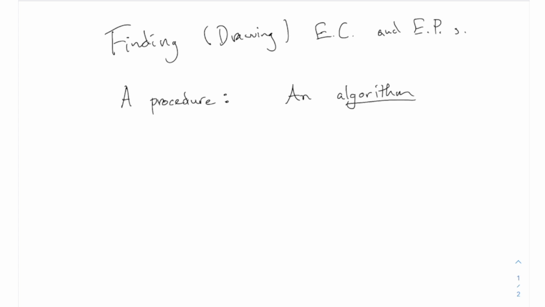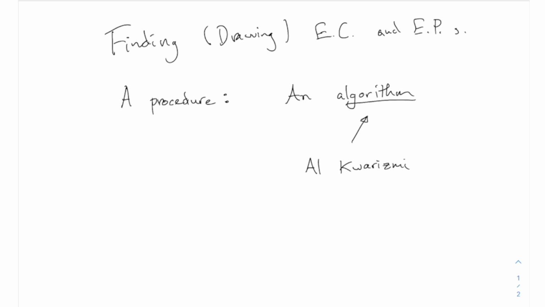A little historical trivia here. Anybody happen to know where the word algorithm comes from? This is interesting in my opinion. Algorithm is actually a person's name. This is named after a guy named Al-Khwarizmi, who was one of the greatest of the old Arabic school of mathematics.